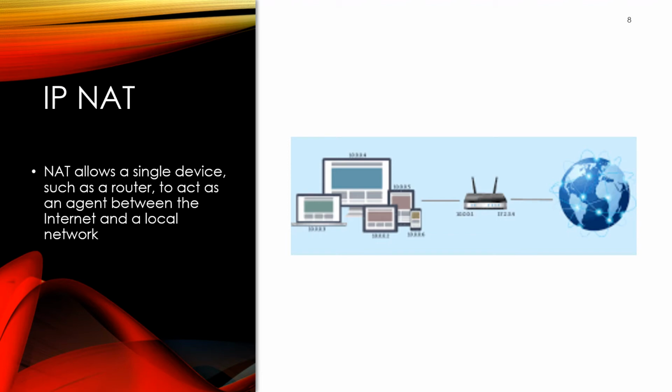This provides additional security by effectively hiding the entire internal network behind that address. So NAT offers that dual function for security and address conversion and is implemented in remote access environments.